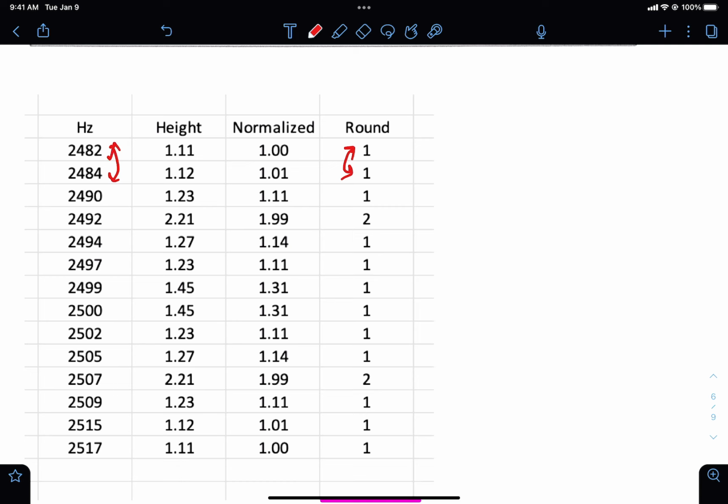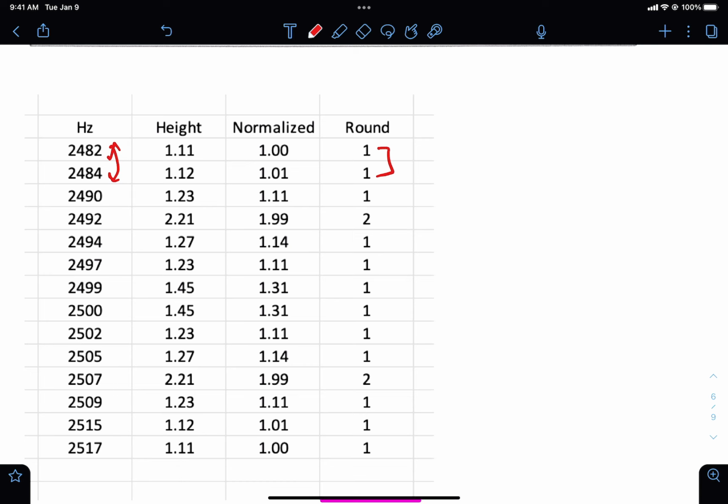So let's go through and find all of our doublets that are separated by 2 and find their midpoint, kind of unsplit those doublets. Let me just mark them first because that's going to help. So that's a doublet.